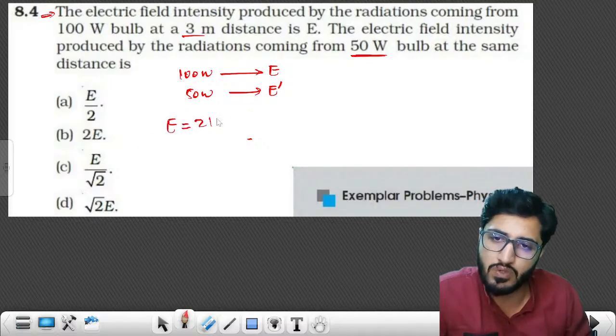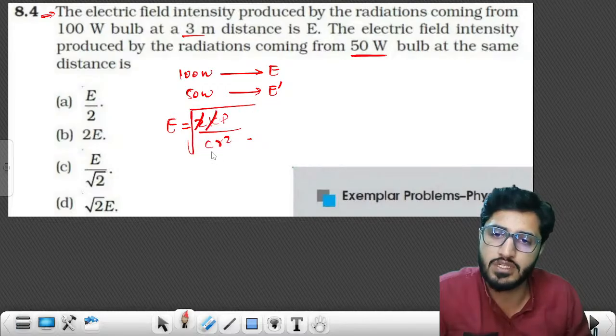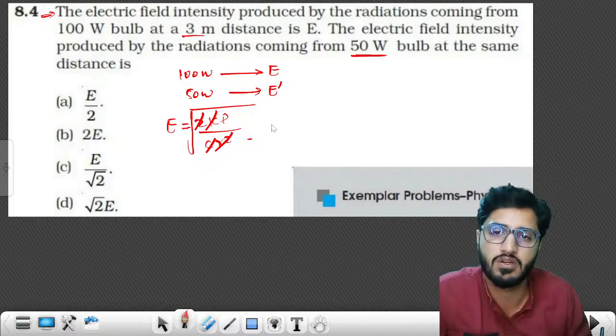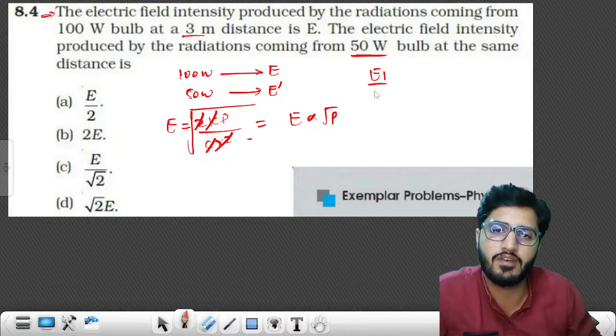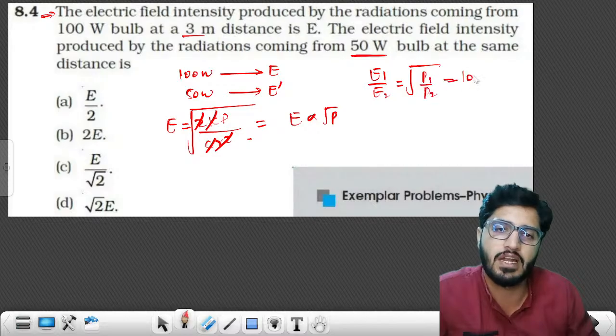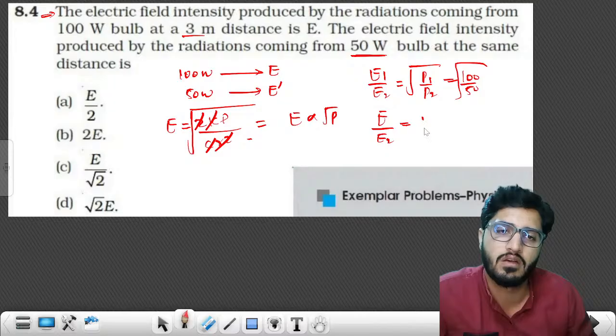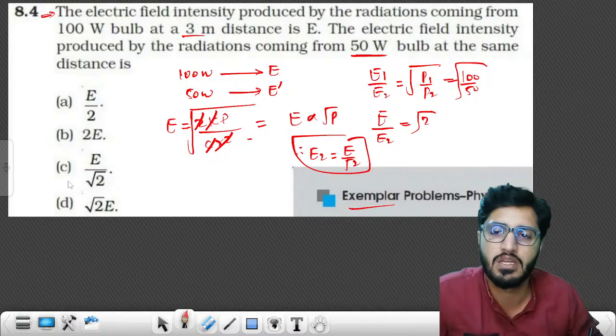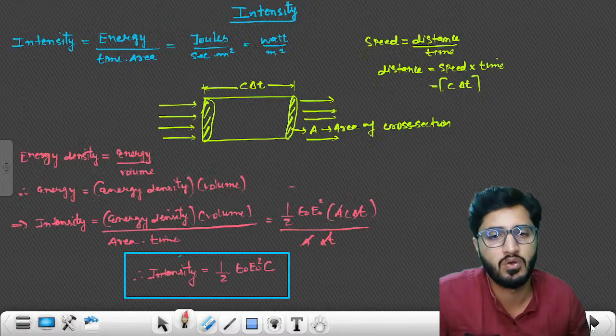E equals root of 2 K P divided by C R square. 2, K, C, and R square are constant. So E is proportional to the root of P. I can write E1 divided by E2 equals under root of P1 divided by P2. P1 is 100, P2 is 50, so E divided by E2 equals root 2. Therefore E2 comes out to be E divided by root 2. This numerical is from the exemplar. Option number C is the correct one.